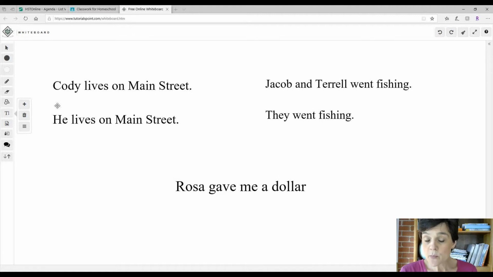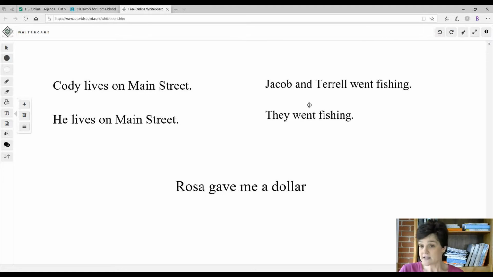Those are pronouns that you can use to replace one singular person, place, or thing. So in this sentence, Cody lives on Main Street, there's only one Cody, right? So that means it's singular, so I had to choose a singular pronoun to replace it. I wouldn't choose a plural one like they. They lives on Main Street wouldn't replace Cody. So it had to be one that would replace it.